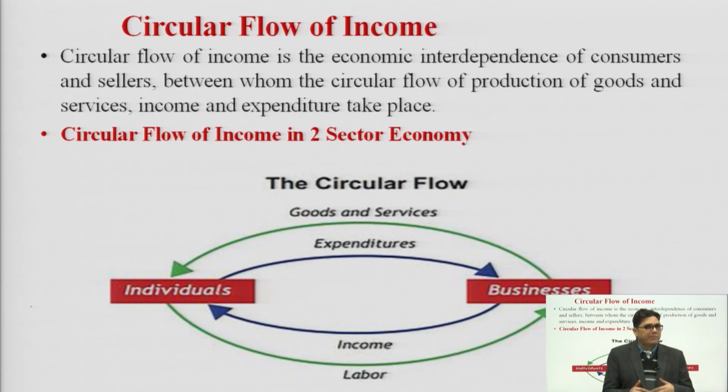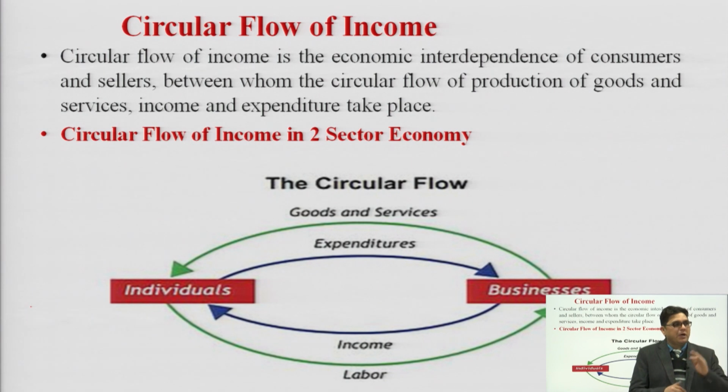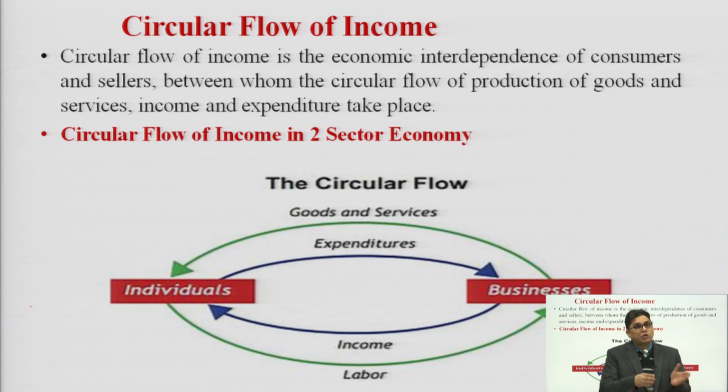I just remember the statement made by the Federal Reserve of the USA. They said that they will keep on pumping maximum money into the American economy until it reaches the pre-COVID level. What they are trying to say is that they want to ensure the circular flow of income is maximized.